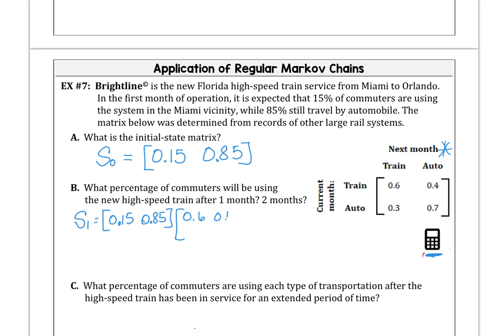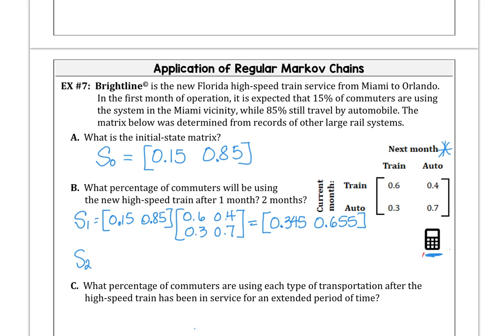6/10, 4/10, 3/10, 7/10. And we find in the first month, we've moved up to 34.5% and 65.5%.